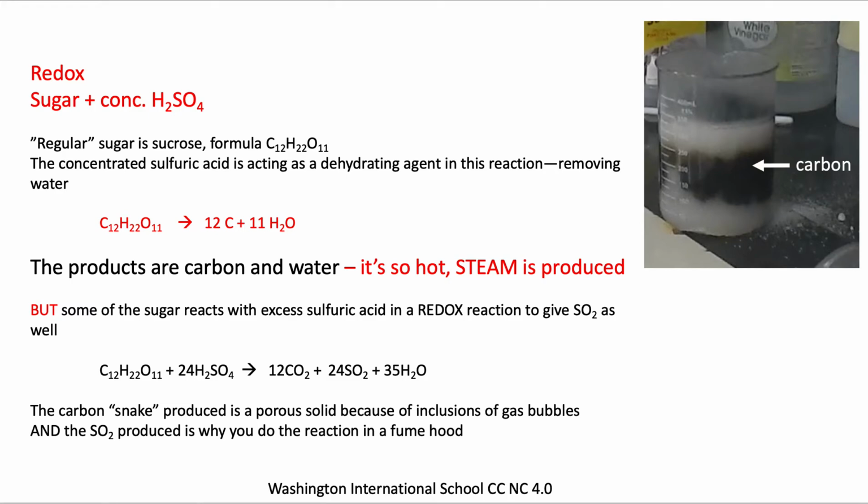And the 12 carbons for each molecule of sucrose that's decomposing, that is the black material that you can see in the reaction vessel. But some of the sugar also reacts with other sulfuric acid to give SO2 and CO2 as well. So just look at that, we'll come back to that one. That's why you're doing it in a fume hood.